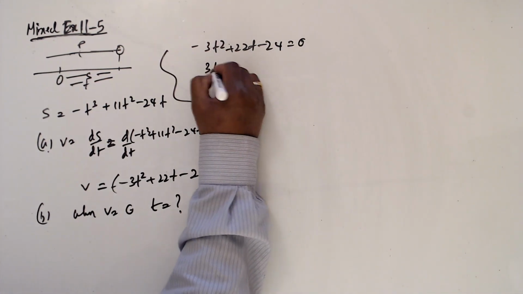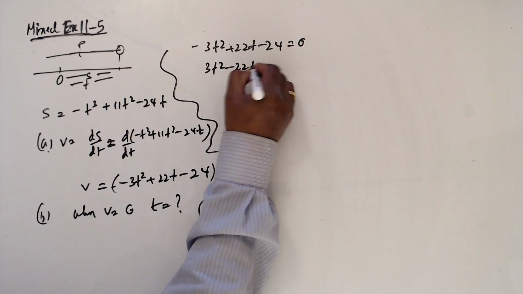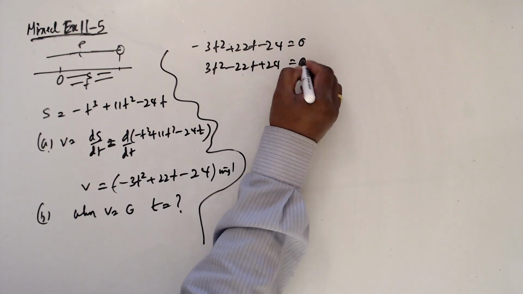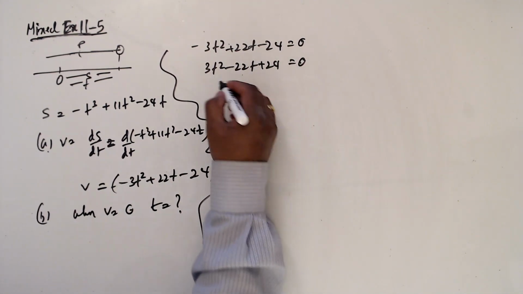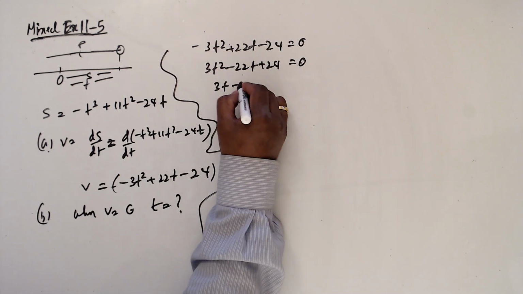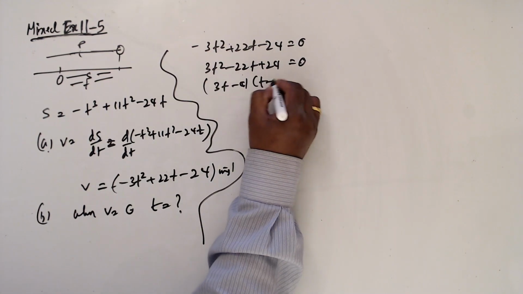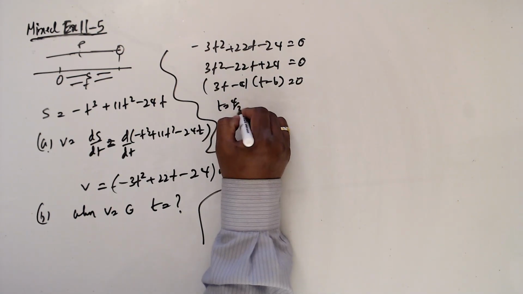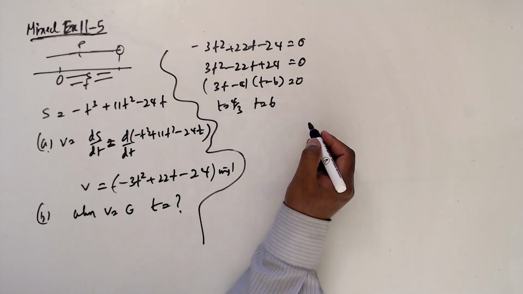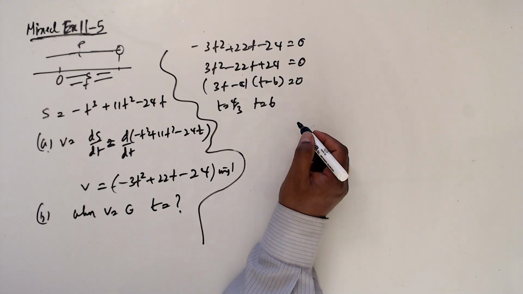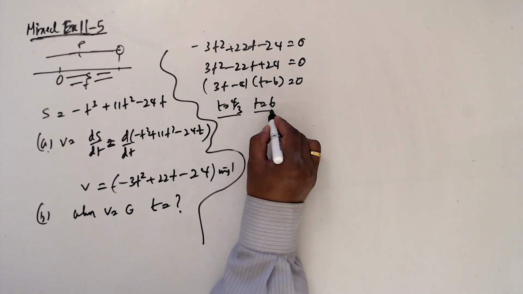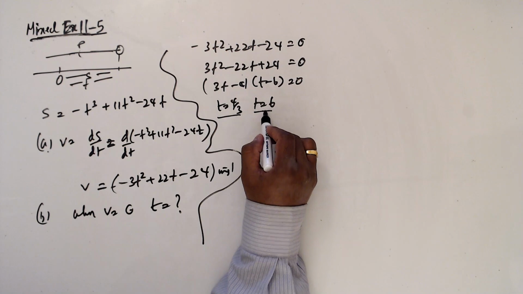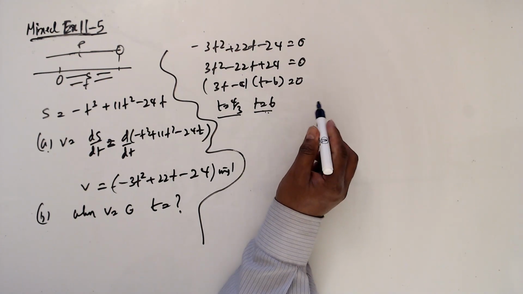It means 3t square minus 22t plus 24 equals 0. This is 3t minus 4 and t minus 6 equal 0. So t equals 4 over 3, t equals 6. So there are two occasions that this will become a sudden rest.